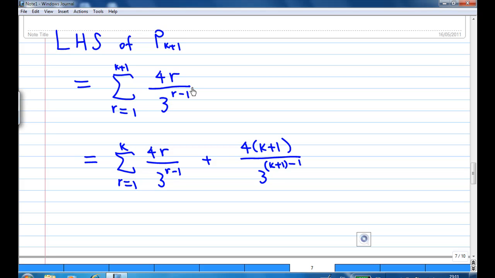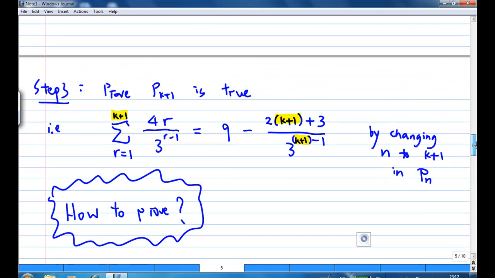Now this sum can be split up into the sum from r equal to 1 to k, and then the last term, when r equals k plus 1, which is 4 times k plus 1 over 3 power k plus 1 minus 1, by substituting r equal to k plus 1. Now we use the assumption, the sum of the first k terms by using Pk.